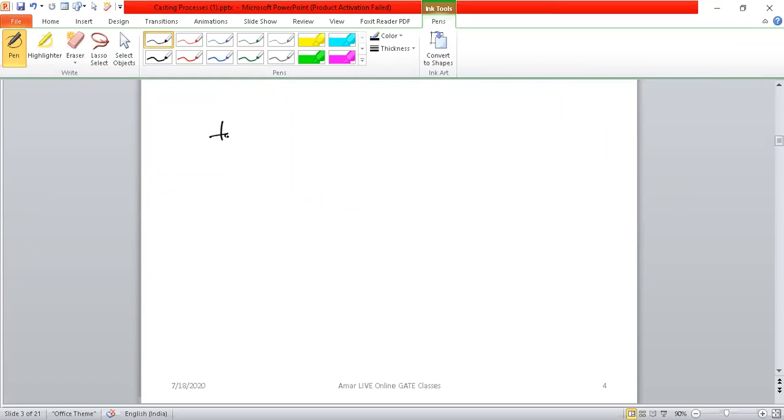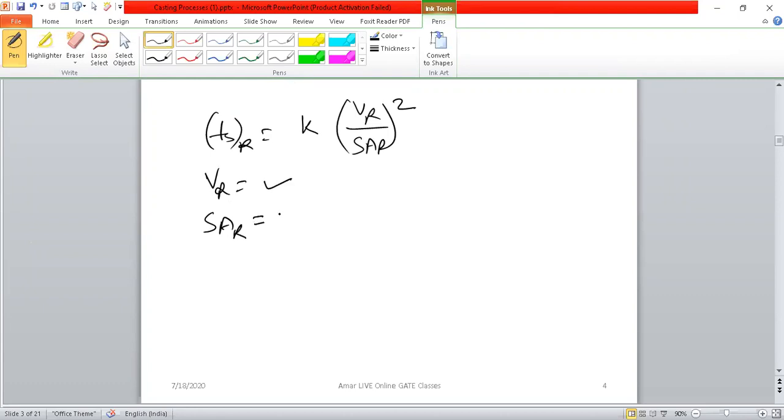So solidification time of riser is equal to K times volume of riser divided by surface area of riser, and that whole square. So volume of riser you know, and surface area of the riser you know, because you know volume of riser is 3 times the shrinkage. Surface area will be pi by 4 d square plus pi dh plus pi by 4 d square.